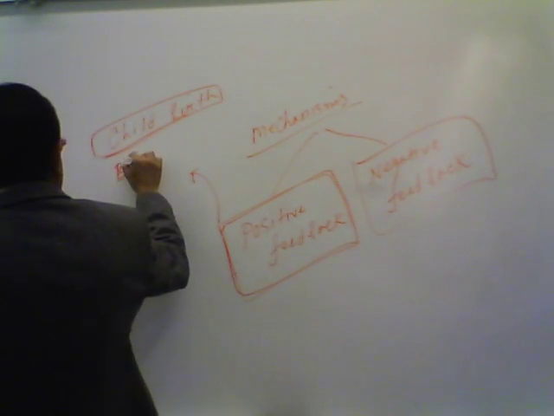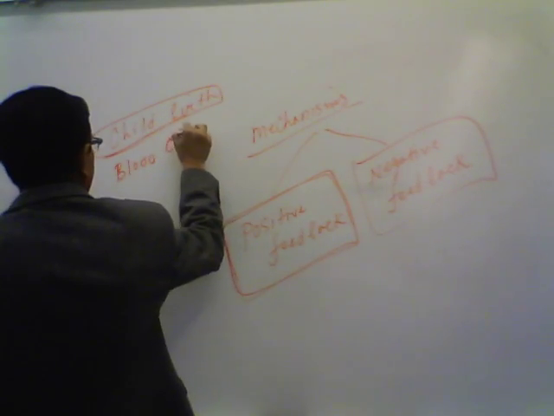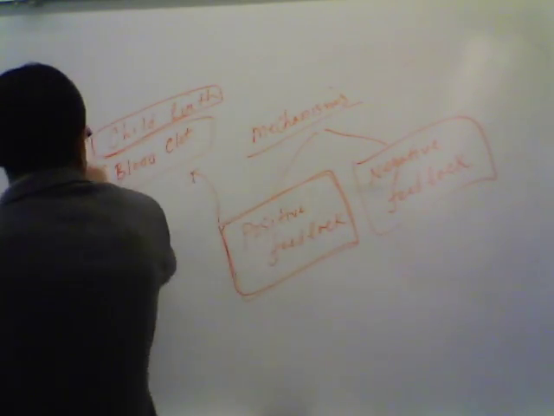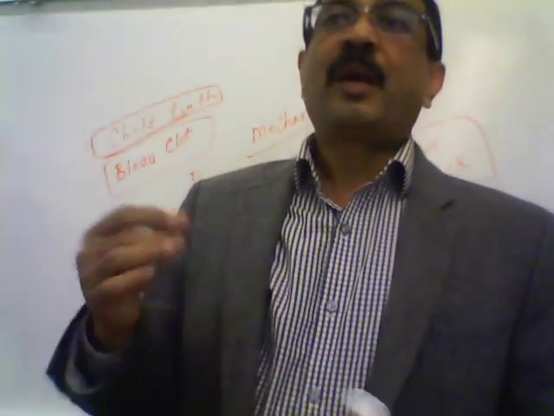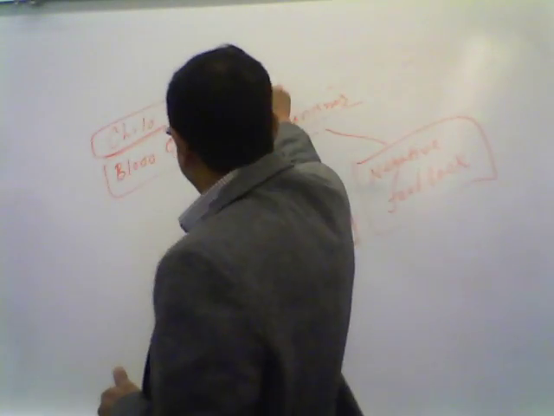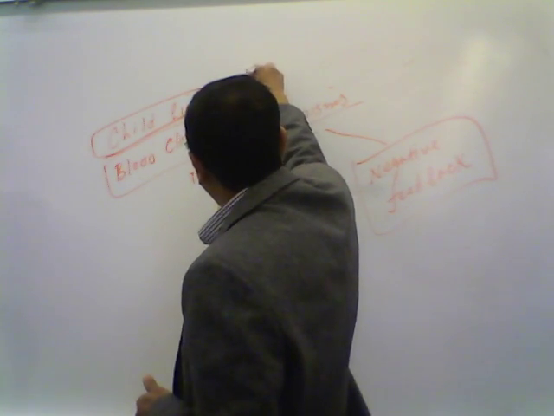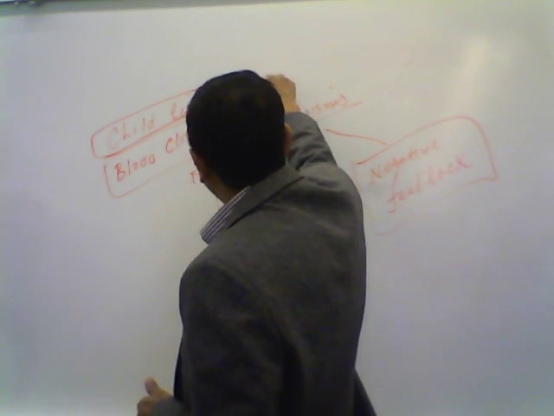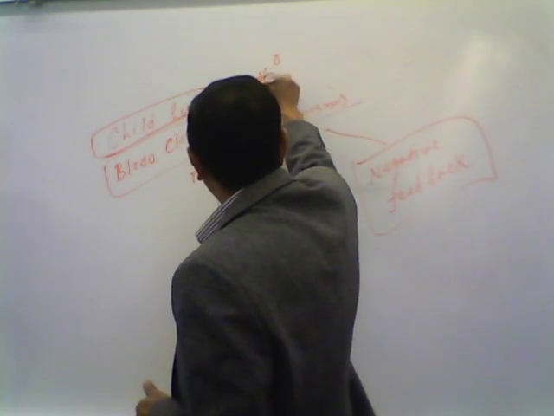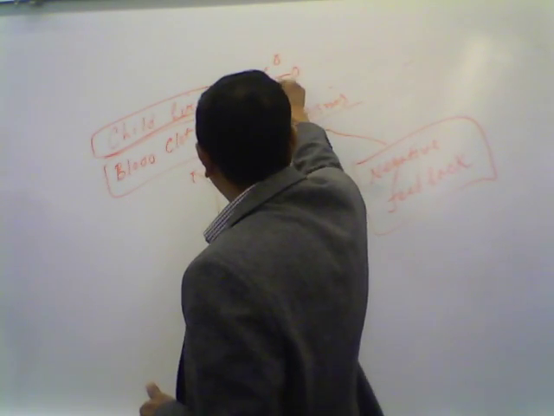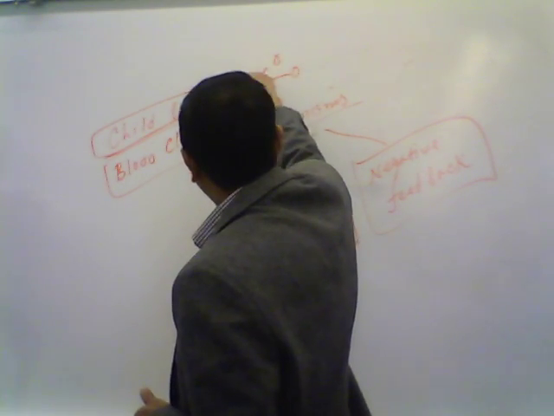Blood clot formation. Blood clot formation is another example of positive feedback mechanism. What happens during blood clot? Small clot is formed by platelets, one type of blood cell. Then more and more platelets join there, okay, and makes the clot bigger.